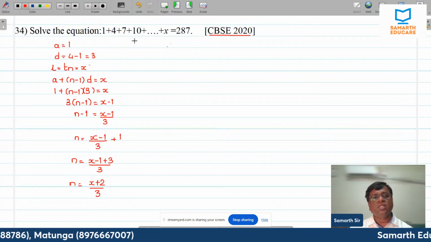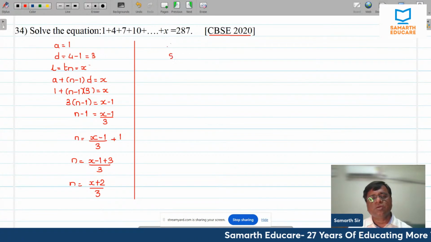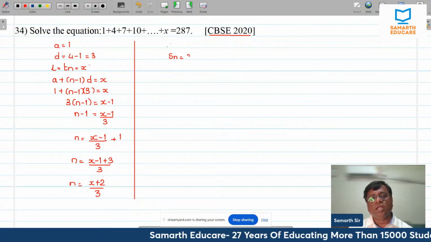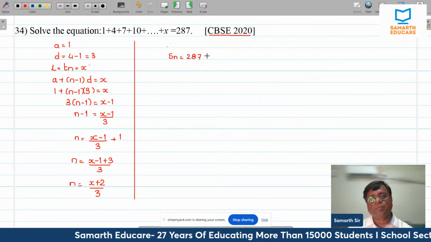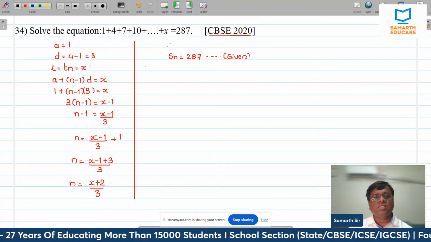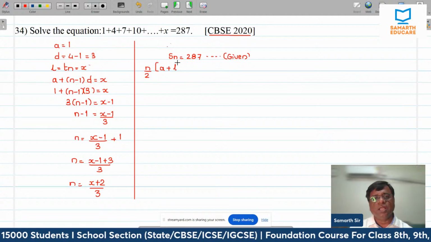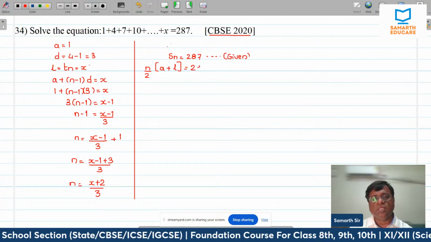So the first part is there. Now let us come to Sn. Sn is given to us as 287. This is given. Sn, according to us, can be written as n upon 2 into (A plus L) is equal to 287.